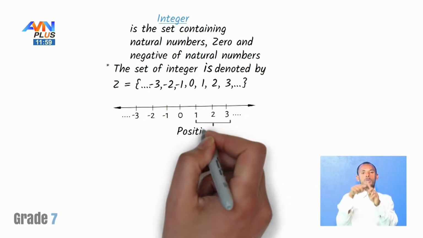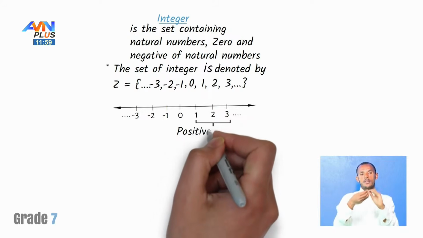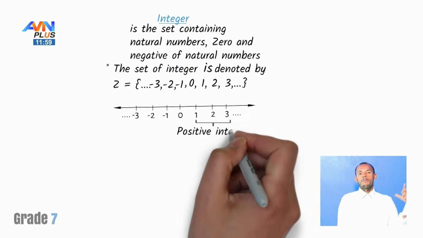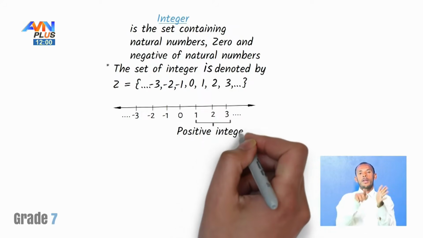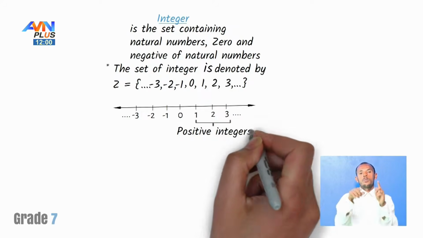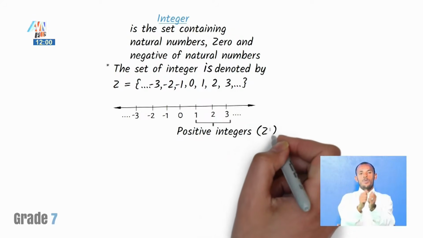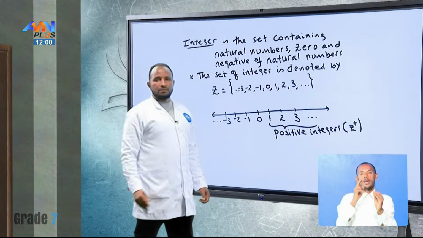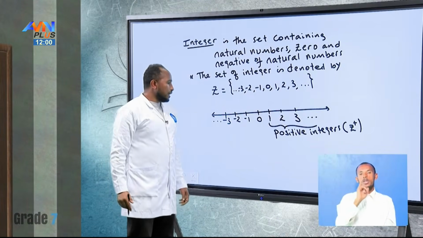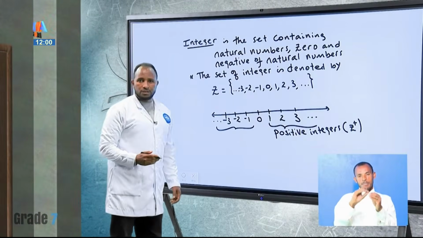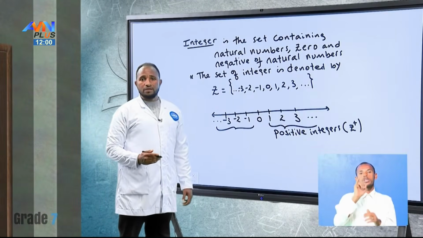Symbolically, positive integers are denoted by Z with plus sign. And the numbers below 0, as we said earlier, we call negative numbers.